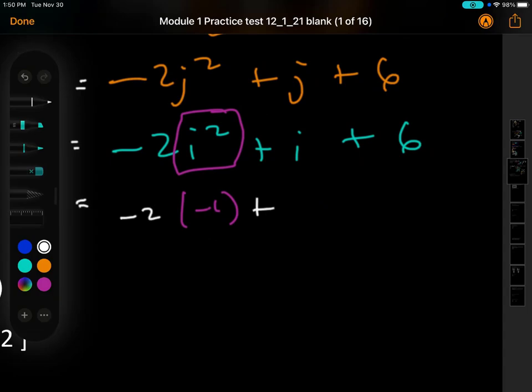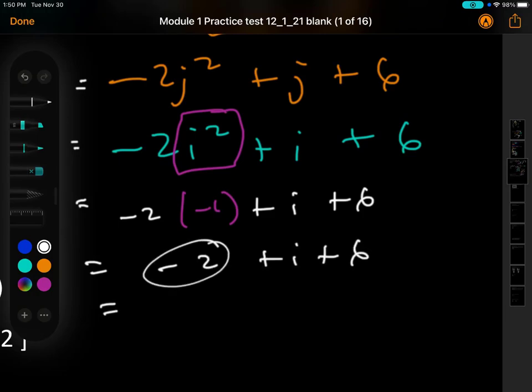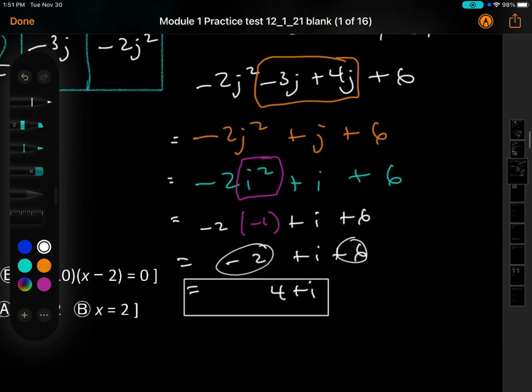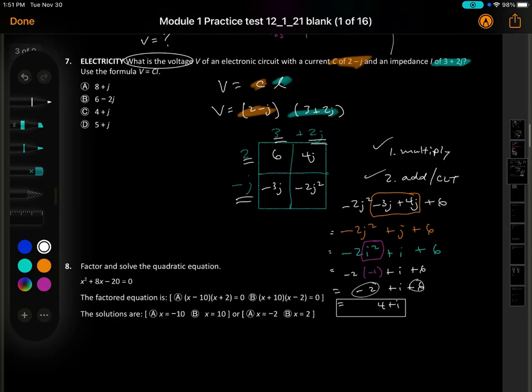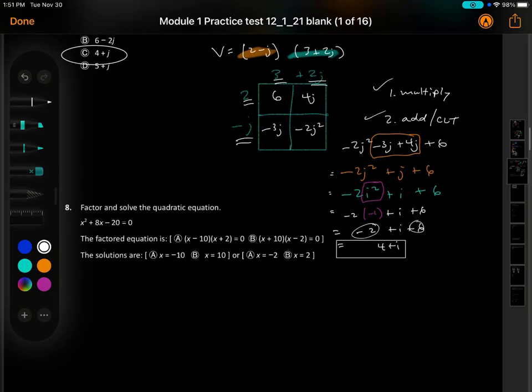So negative 2 times negative 1 plus i plus 6, so that becomes 2 plus i plus 6, and these are like terms, so you'll get 8 plus i or something like that is our answer. Let's take a look at what we got, and that would be choice C, kind of like that one that says 4 plus j.